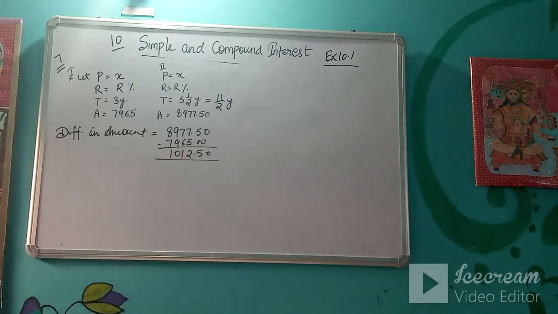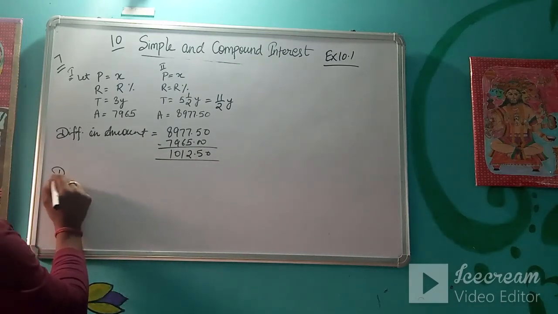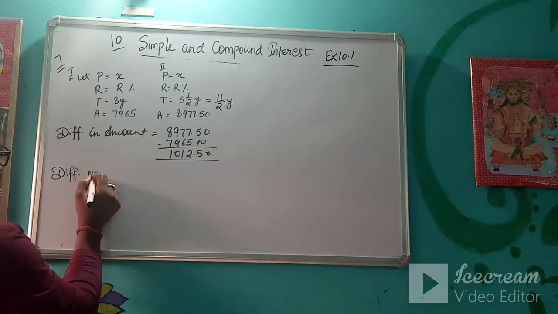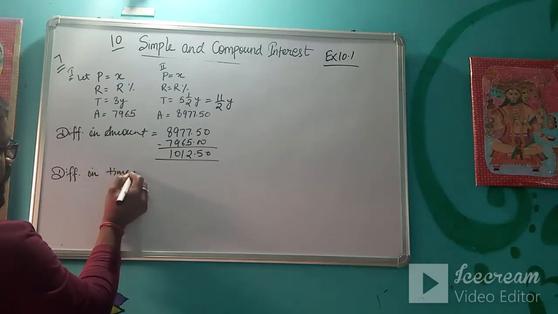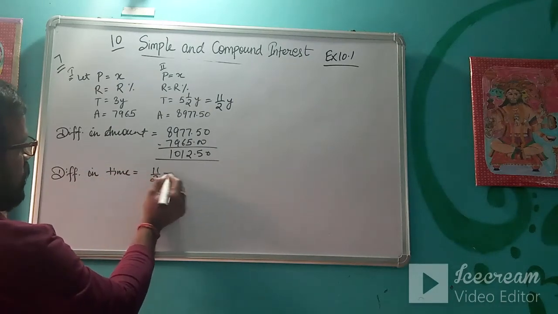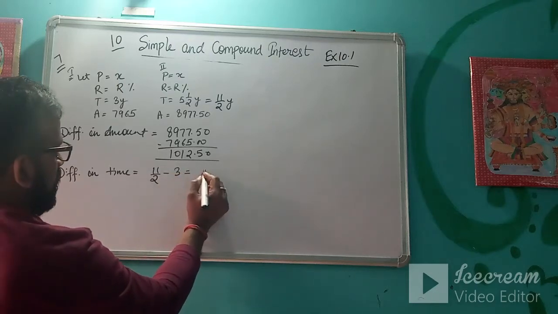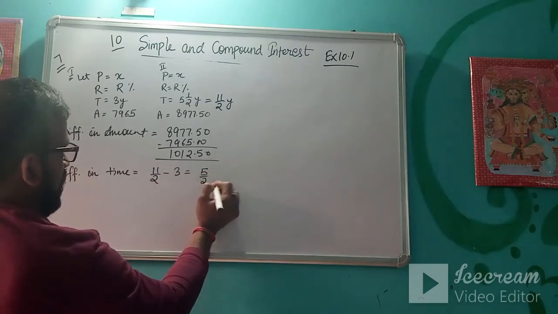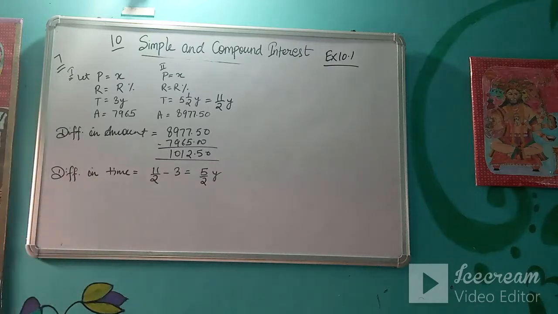So this will be the difference in amount, and the difference in time will be how much? 11 by 2 minus 3 years, that is 5 by 2 years.